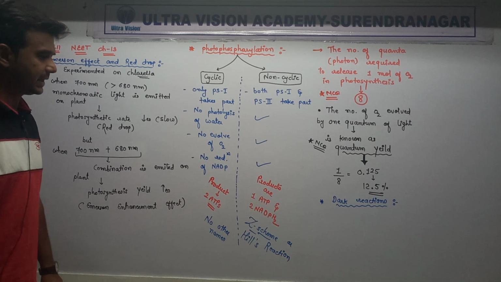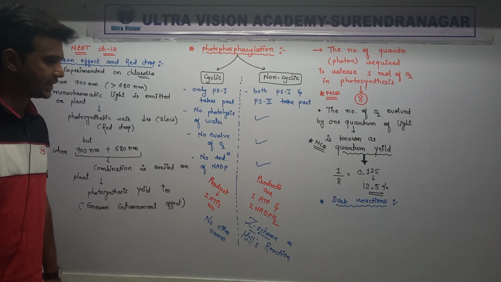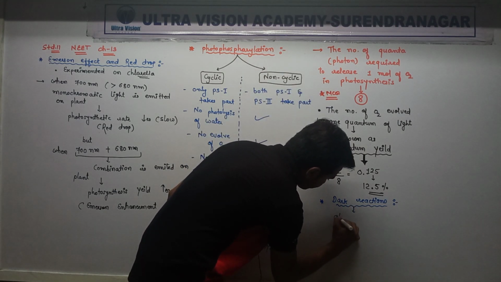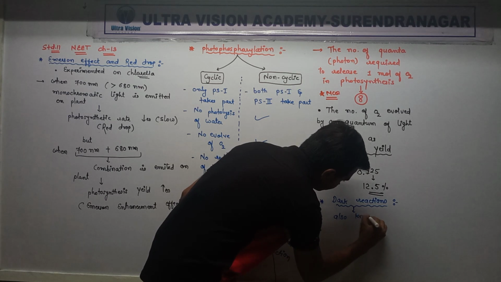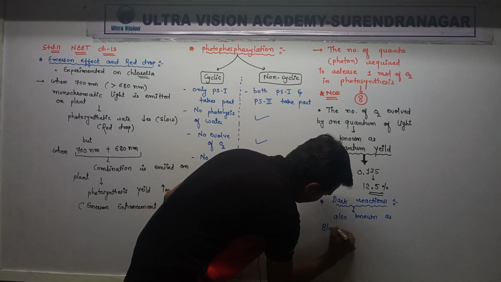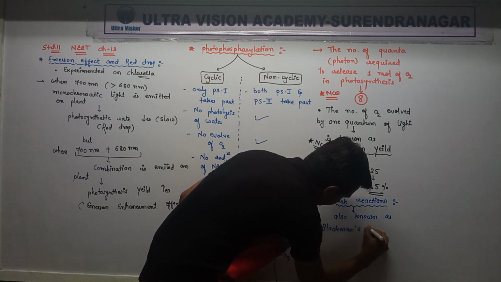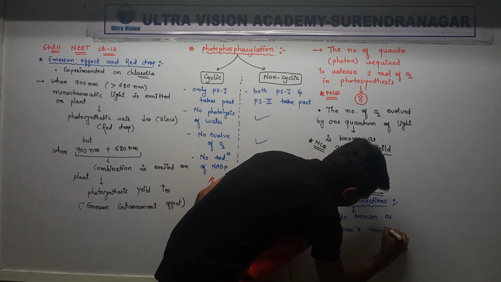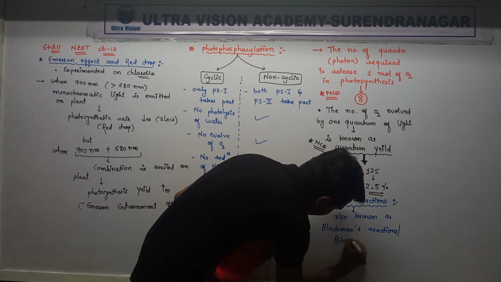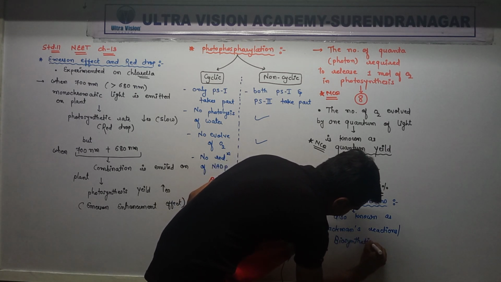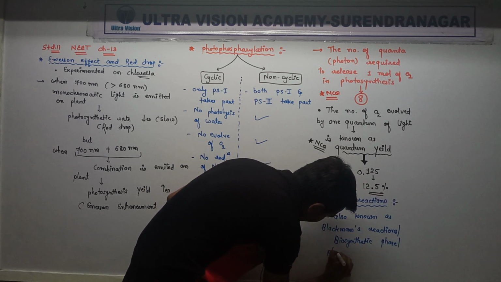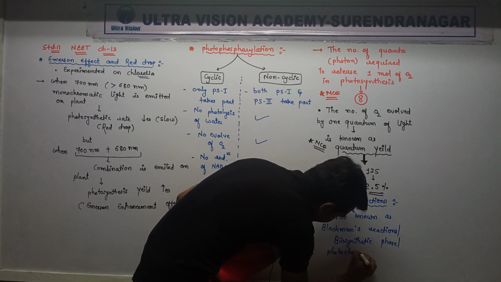This ATP and NADPH2 are used in the dark reactions. Dark reactions are also known as Blackman's reactions, also known as the biosynthetic phase, also known as photochemical reactions.